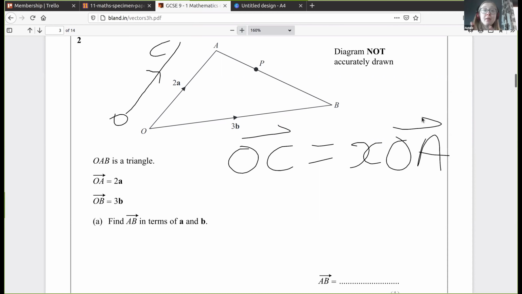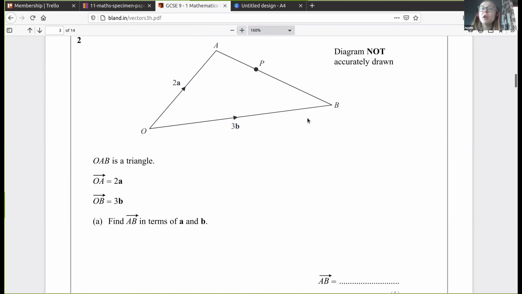It means that they're going in the same direction, but they're just not the same size. So I can say that it's twice as long or half as long or just some multiple of OA. And that's applicable if vectors are parallel to each other. Now, evidently, these vectors OA and OB are not parallel, because they're not going in the same direction. They're also very evidently not the same length.